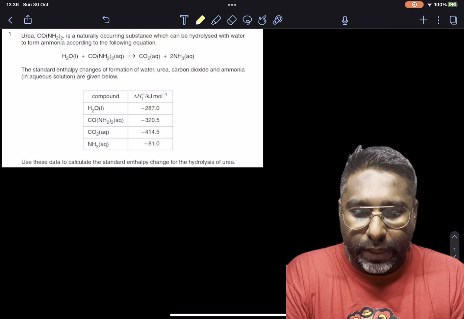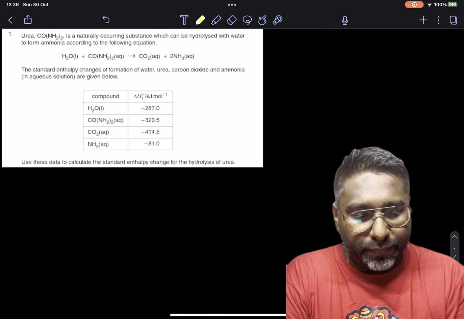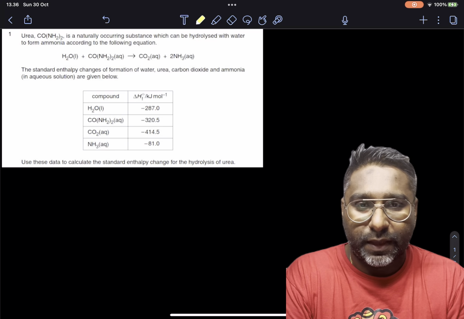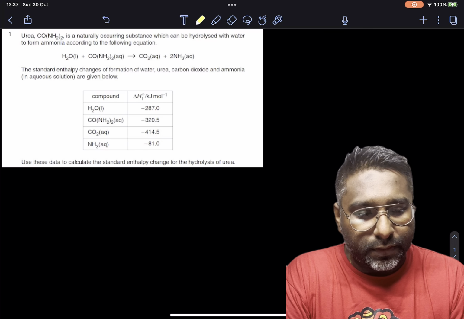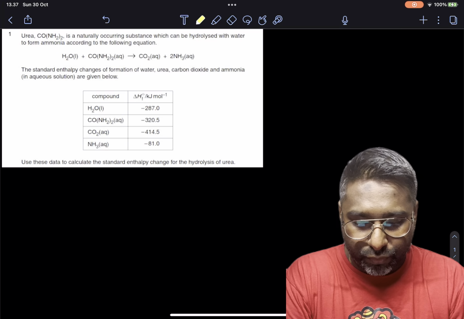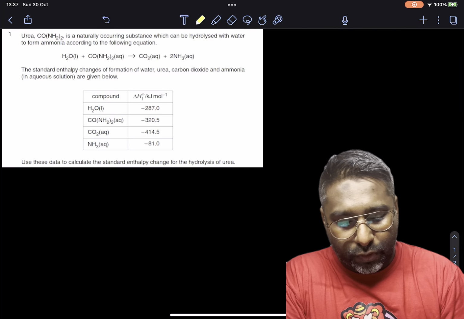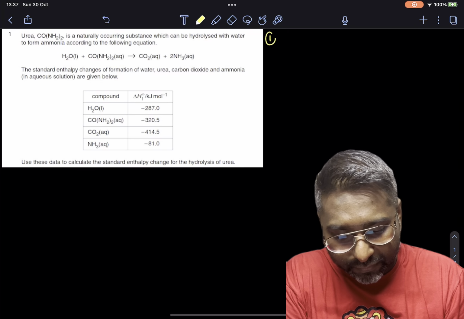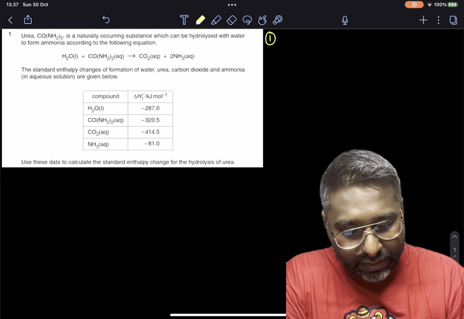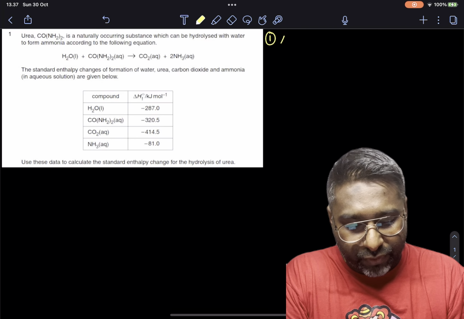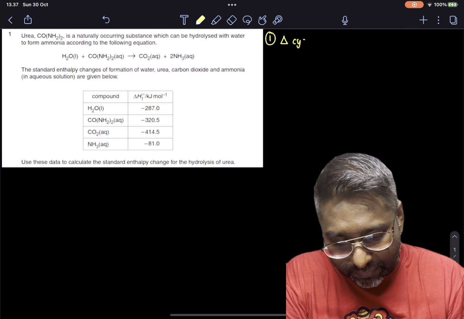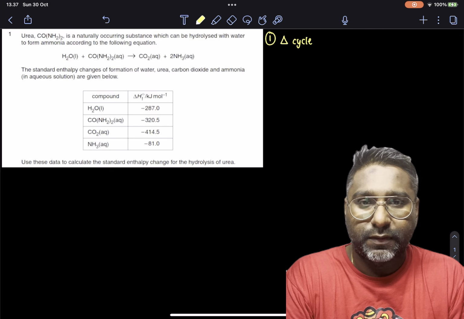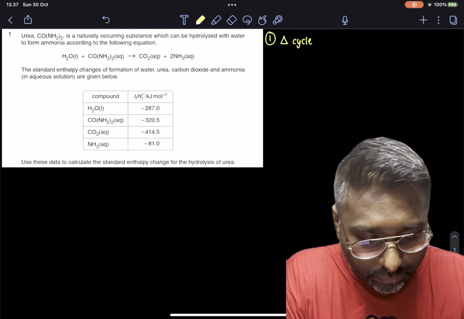Now, when it comes to calculations involving Hess's law, there are three main methods that you can use. I will go through all three. The first method is the typical triangle type of cycle. This is the conventional way of solving.